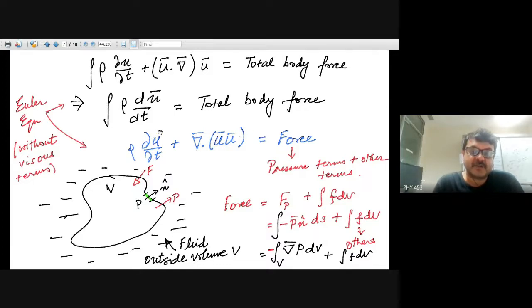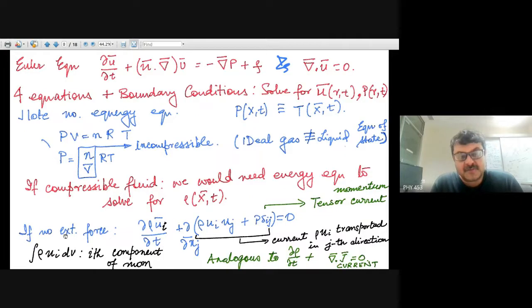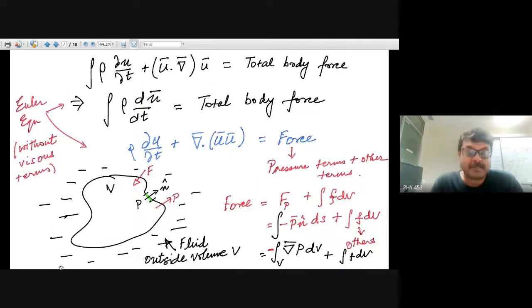You will have del u/del t. This is a tensor, but you're taking a derivative, and force is again a vector. The force in general can have a pressure term and other terms. If there is the pressure term, suppose this element is surrounded by other fluid, and that is giving a pressure to it.